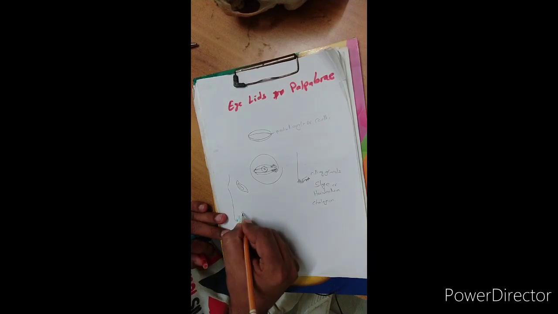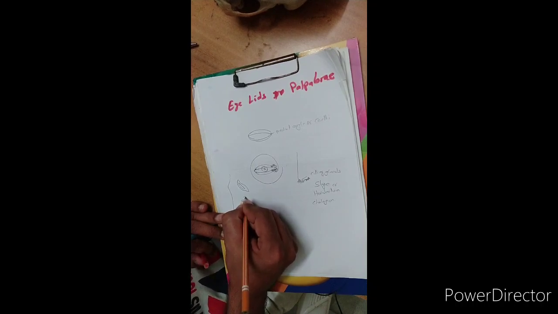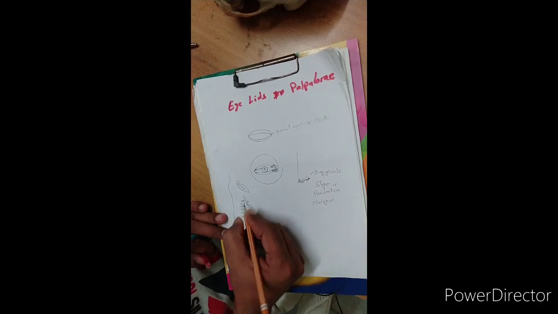These are the tarsal glands. They are present in the form of rows, okay, like beads of a string.